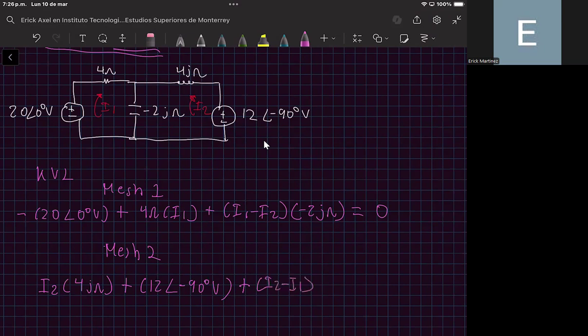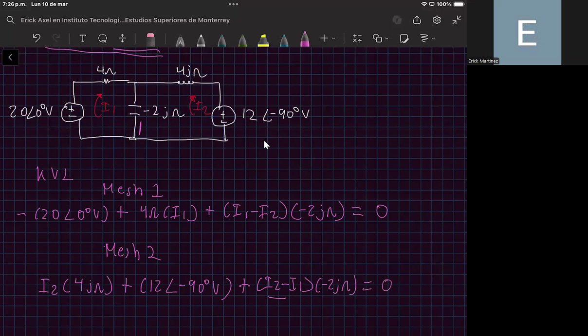From the perspective of this mesh, the current that flows through this element is equal to the difference in currents between mesh number 2 and mesh number 1. That's why I'm placing this relationship. And I am multiplying all of this by minus 2J ohms, and this should be equal to 0.